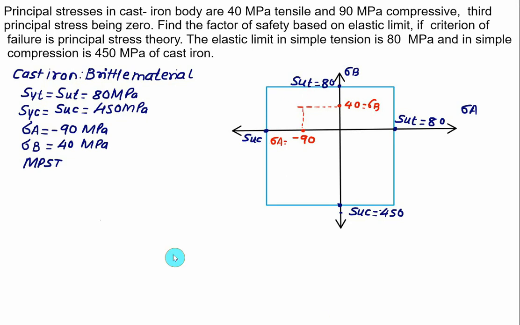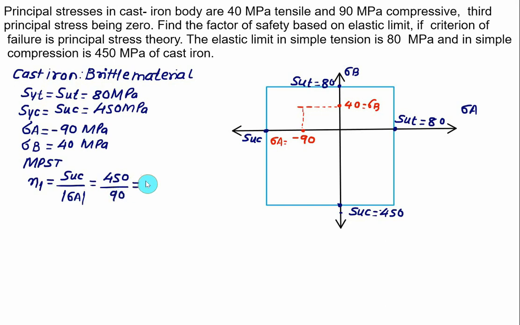So factor of safety N1 we will calculate based on sigma A. Sigma A is a negative value, so we have to use the compressive ultimate stress SUC divided by the absolute value of sigma A. SUC is equal to 450, so we have 450 divided by 90.